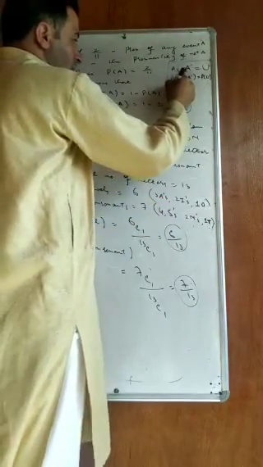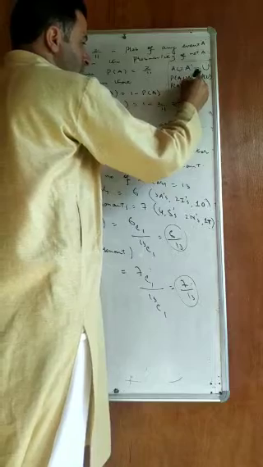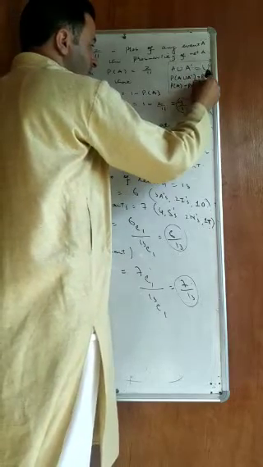So we can write probability of A plus probability of A complement is equal to 1.